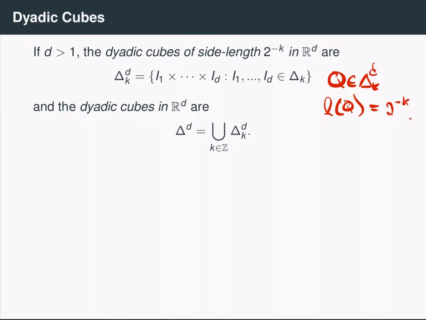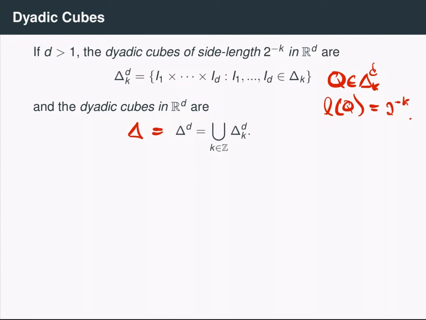The dyadic cubes are then all possible cubes that I get by taking the union over all dyadic cubes of side length 2 to the minus k as I range over all integers k. Oftentimes I will just write delta instead of delta^d when it's implicit from the context what the dimension of the cubes is.